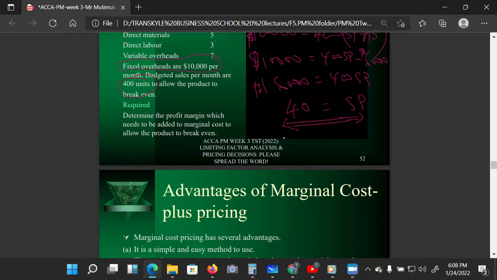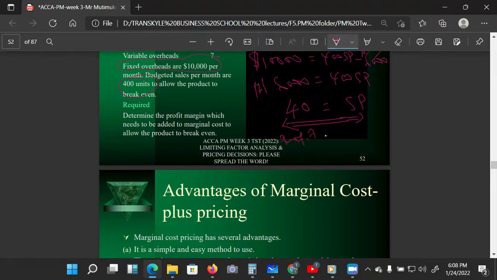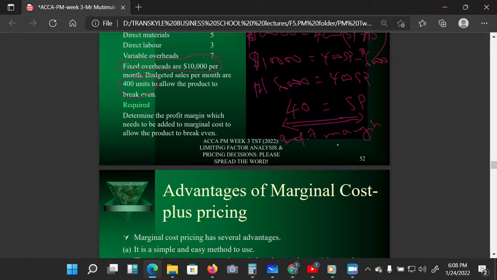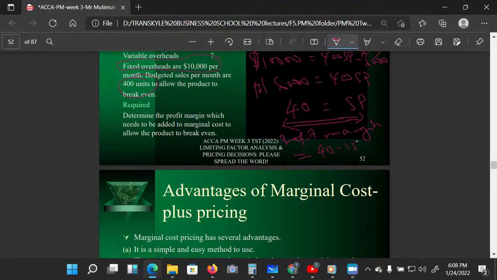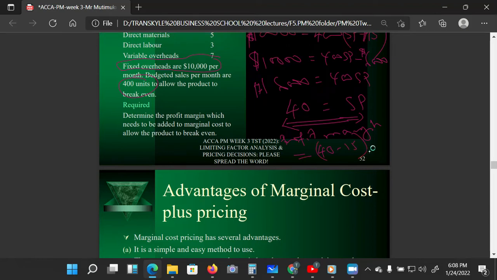Profit margin should equal the selling price minus the variable cost, that is the contribution, which is 40 minus 15, all divided by 15, multiplied by 100%.